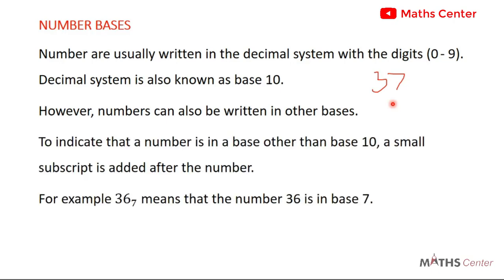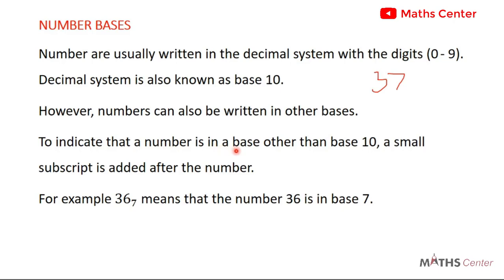If you have numbers in other bases, how will you know? To indicate that a number is in a base other than base 10, a small subscript is written after the number. This is what we mean by a subscript. We can see from here that we have this number 36, then a small number is written underneath 6. So we can see that 36 here is in base 7.